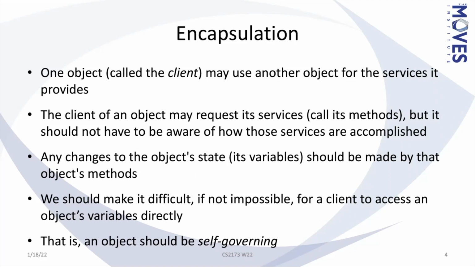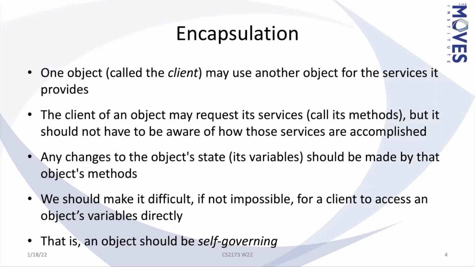But it shouldn't have to be aware of how those services are accomplished. This is what I like to call the programmer virtue of ignorance and apathy. That comes from a poll they were taking. They asked each person on the street, what do you think of the terrible problem in society of ignorance and apathy? And the most common response, of course, was, I don't know and I don't care.